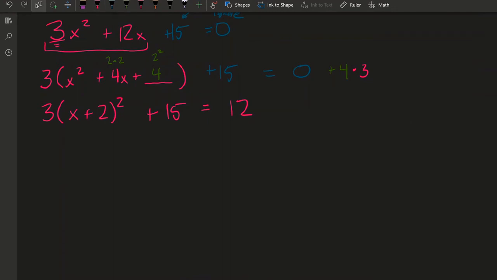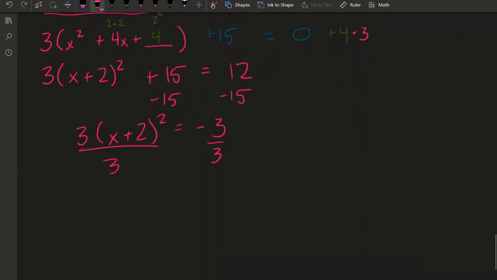Now for this one, I'm going to take a few more steps in order to solve it. I'm going to subtract 15. 3 times x plus 2 squared equals negative 3. I'm going to divide by 3. And I will get x plus 2 squared equals negative 1.